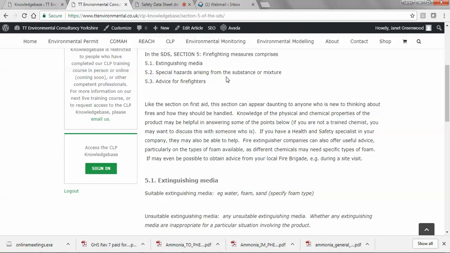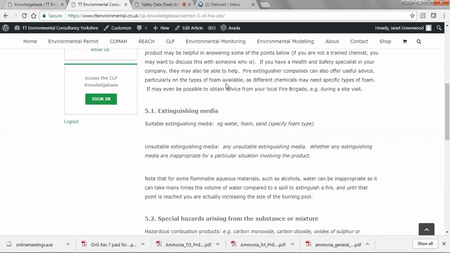There are only 3 bits in this: extinguishing media, special hazards arising from the substance or mixture, and advice for firefighters. Suitable extinguishing media can be things like water or foam or sand. Unsuitable extinguishing material, from my time in helping the whisky industry, alcohol, ethyl alcohol, ethanol, is a complete pain in the neck, because depending on the strength of the alcohol, you may need 5 to 10 times the volume of water to extinguish a fire.